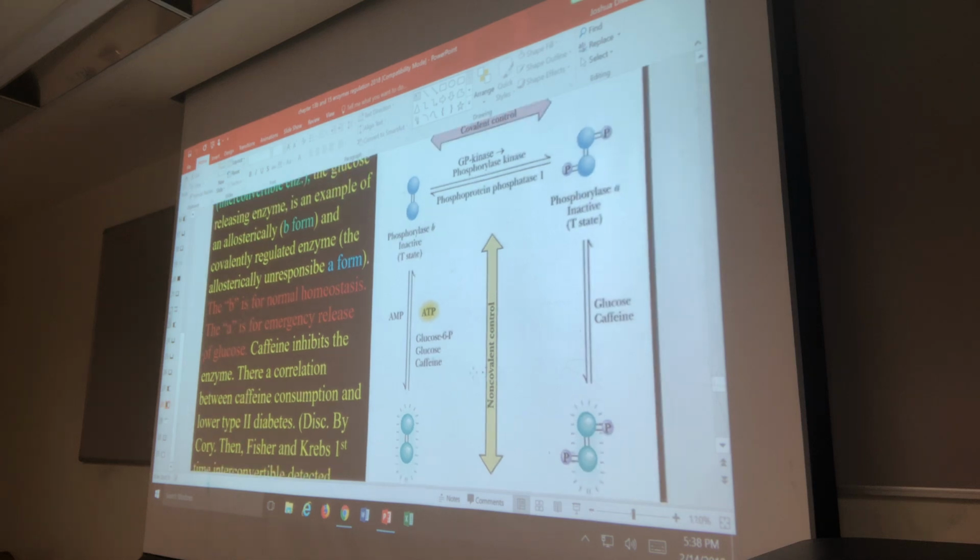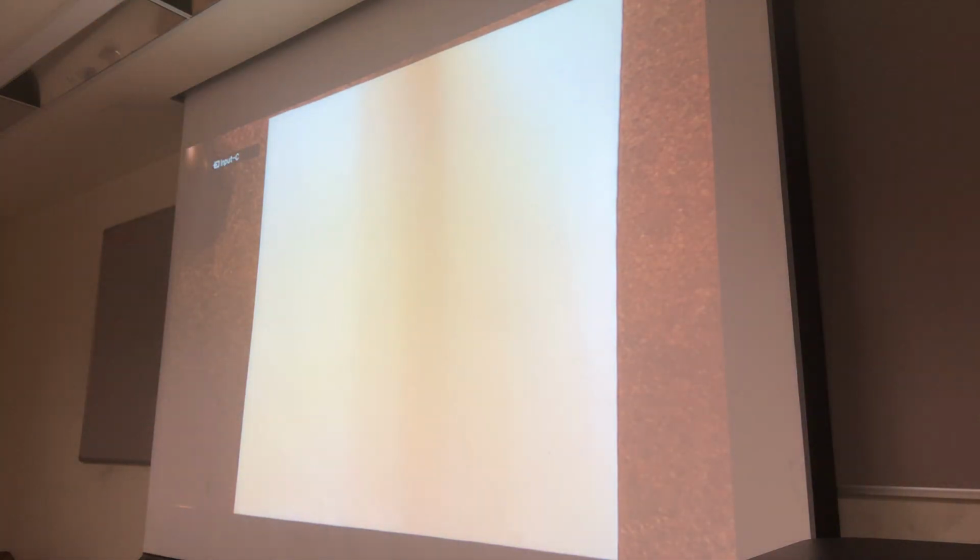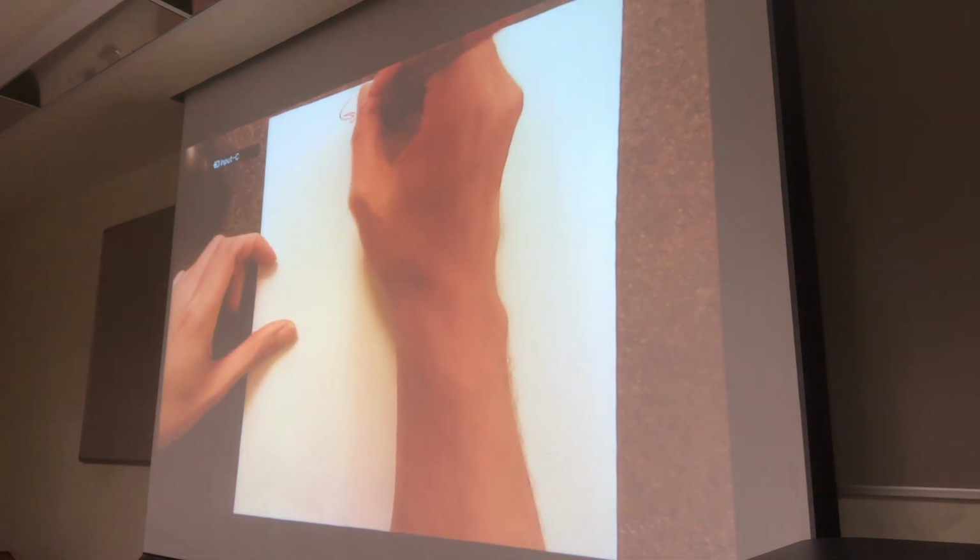But for now, we only care about how the enzyme itself is regulated. It's a very unique enzyme because it is regulated 2 ways, and the result of that is that there are 4 possible combinations that this enzyme can take. And this time I'm going to draw it out, and then we'll come back to the picture in a second. Okay, so hopefully this comes out. All right. So glycogen phosphorylase.